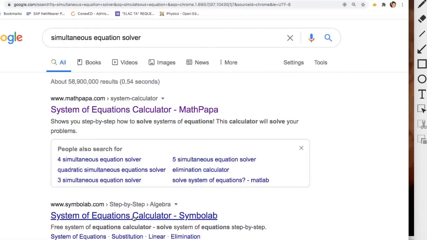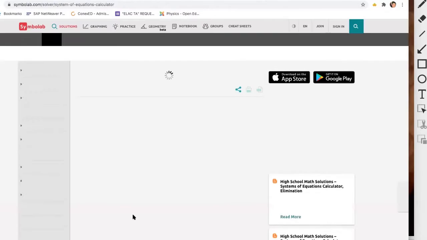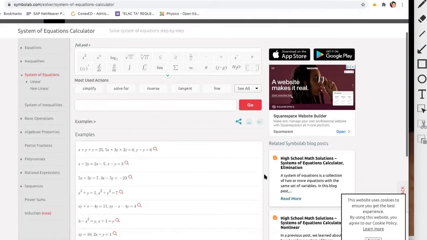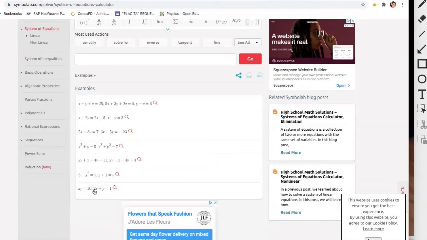How about this one? Oh, let's see here. This one is saying they can do complex stuff. Oh, I like this one. You could do very complex things. They don't necessarily have to be linear.